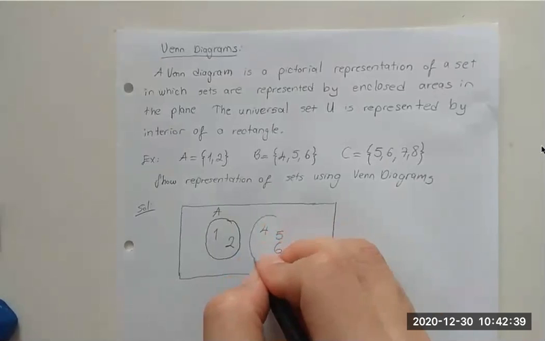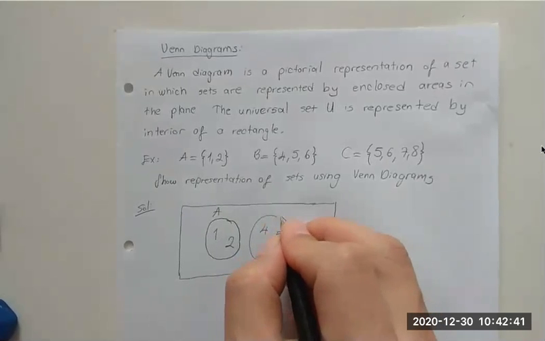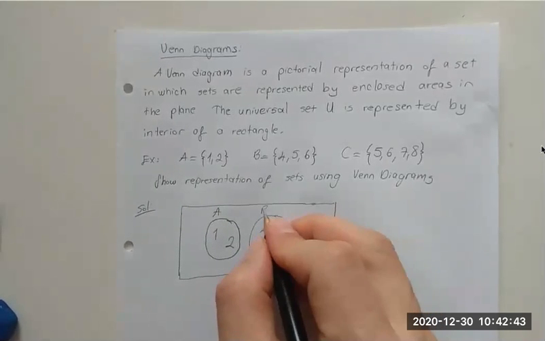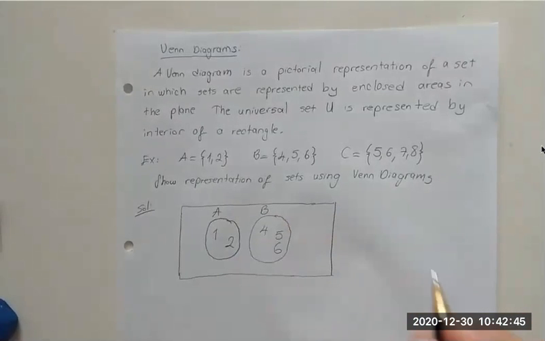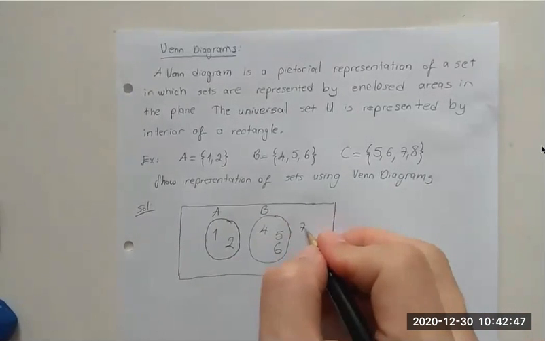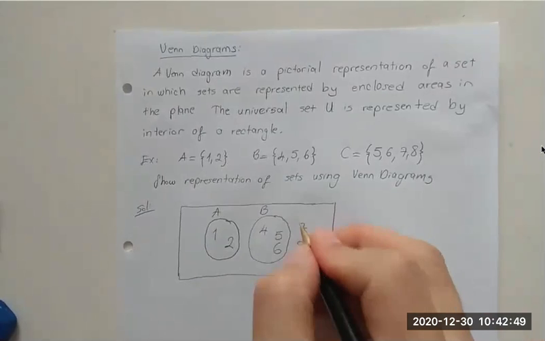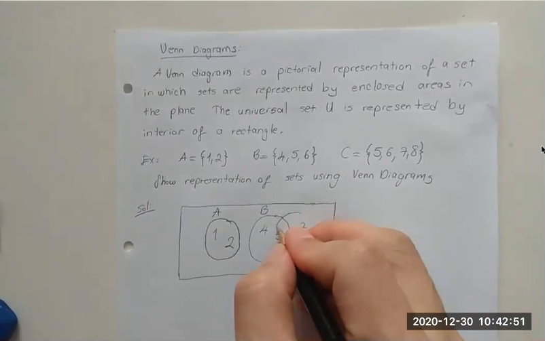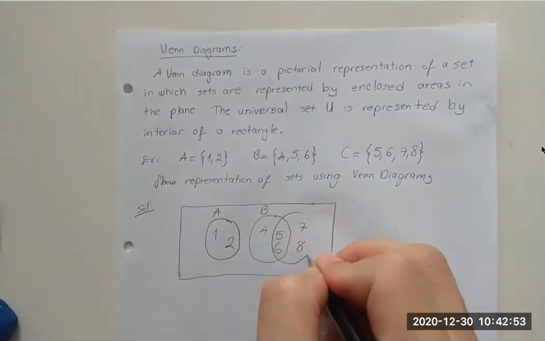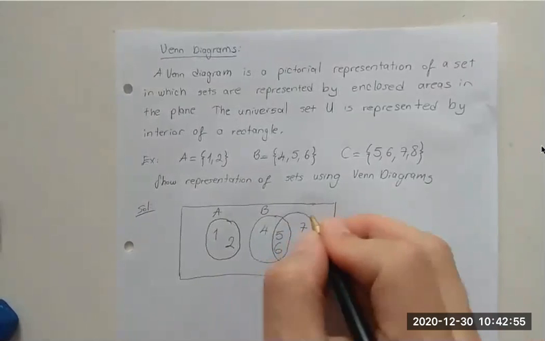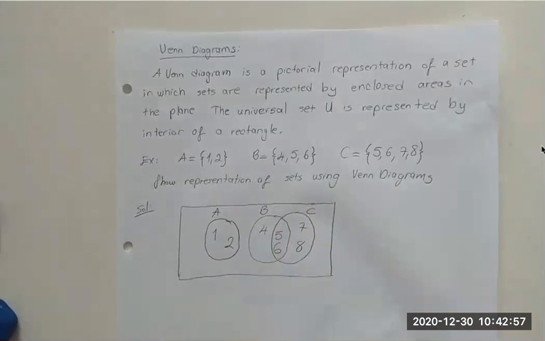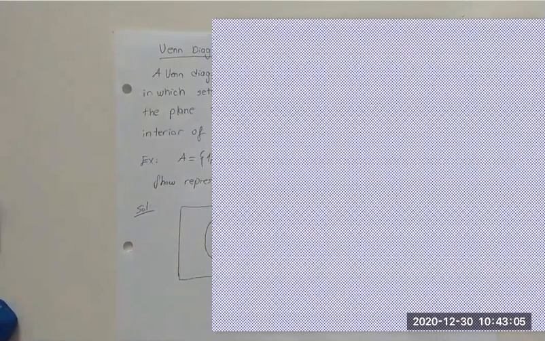This is the set B, and there is the 5, 6, 7, and 8 in set C. So this is the representation of the universal set.